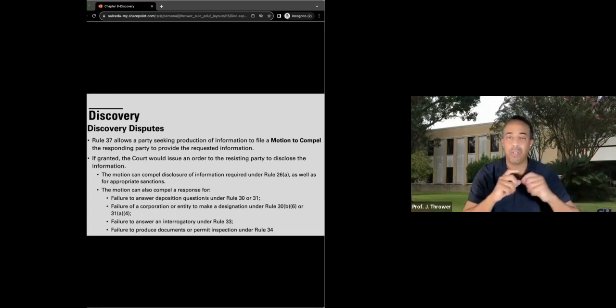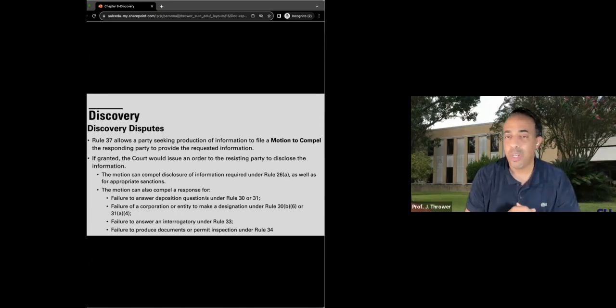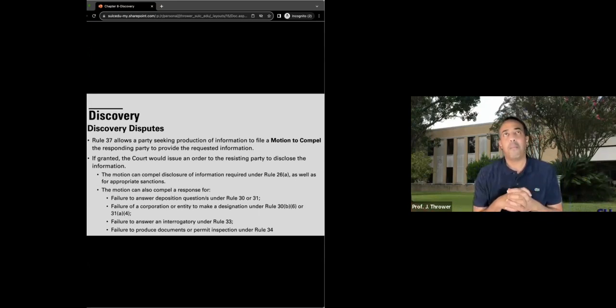Remember that we talked about that earlier in our discussion today. The motion to compel can also request appropriate sanctions for the party's failure to disclose or produce the information previously, or stated differently, as a result of the party having to seek the court's intervention to compel disclosure, that requesting party can also request sanctions for the disclosing party's failure to disclose.